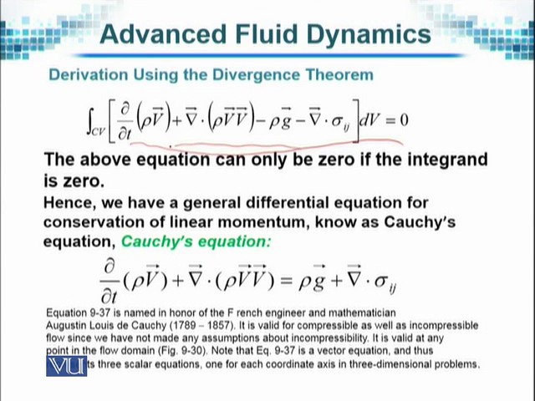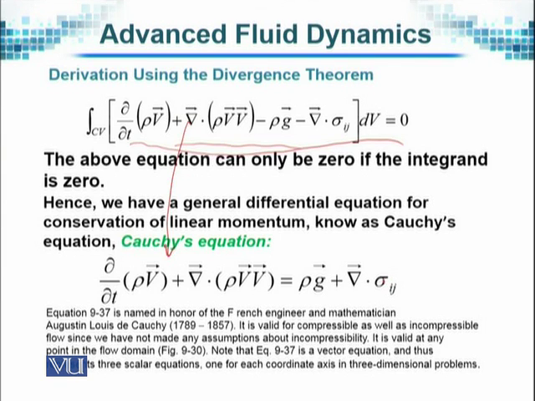And if the integrand is 0, then this equation is reduced to: del by del t of rho into the velocity vector v, plus divergence of rho v v, is equal to rho g plus divergence of sigma ij. Sigma, remember, is the stress tensor, and it has 9 components, as I mentioned.